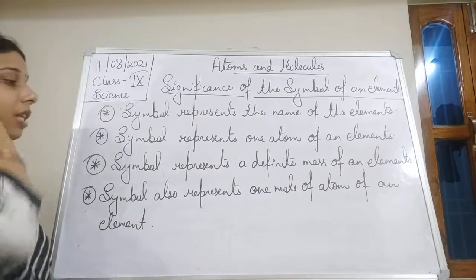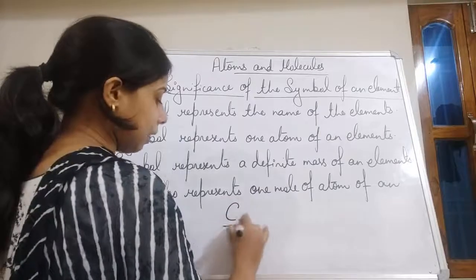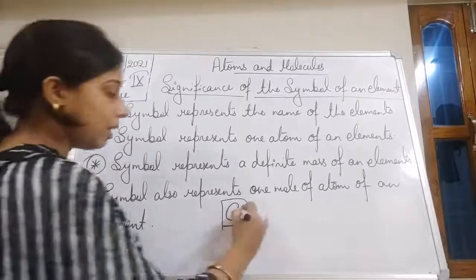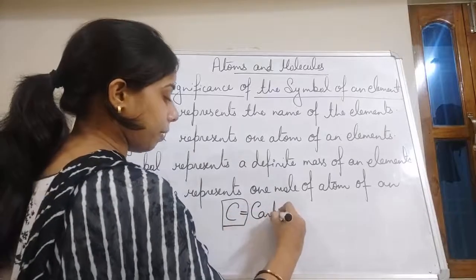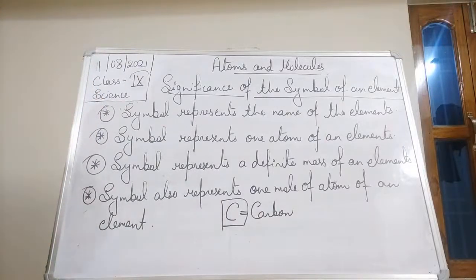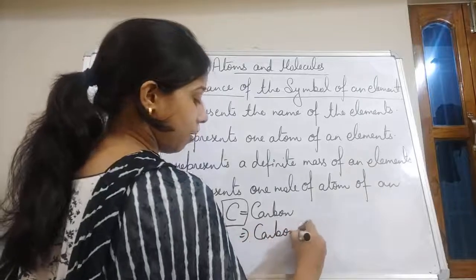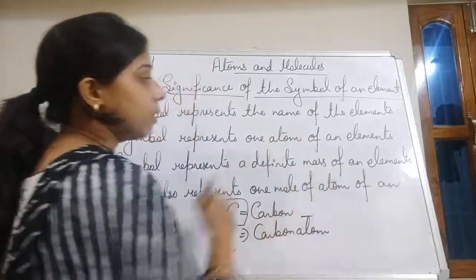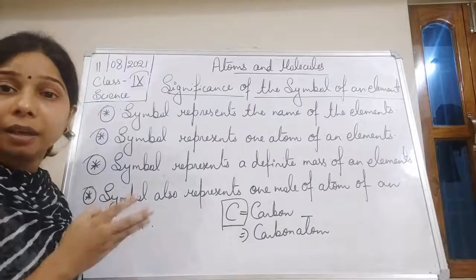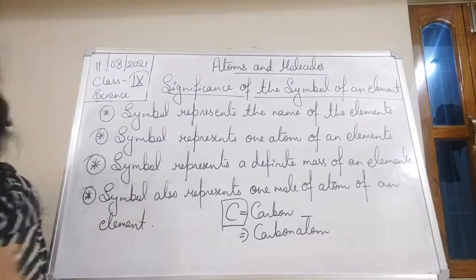Now we can understand it. Suppose we have taken the symbol C. This is of carbon. So this symbol C actually represents the name of the element. What is the name of the element? That is carbon. Right? The symbol represents one atom of the element. Obviously the carbon element is made up of carbon atoms only.